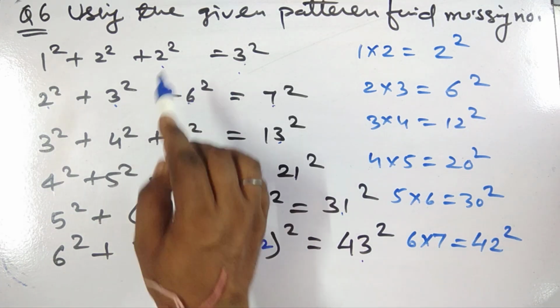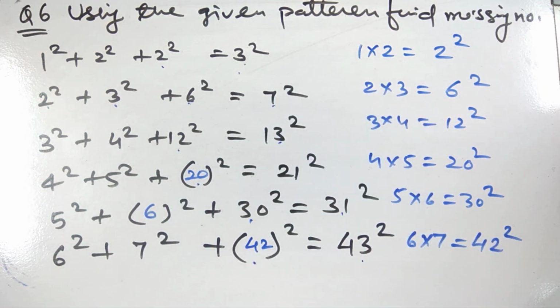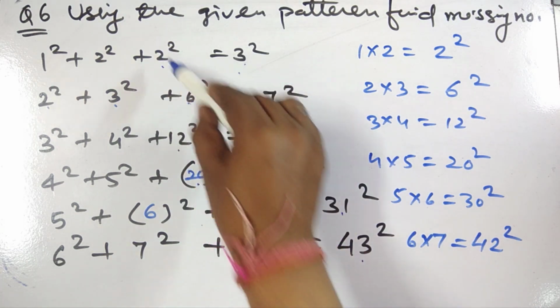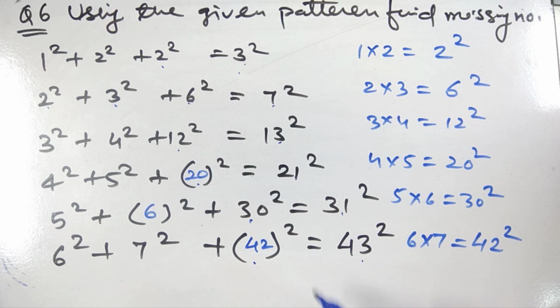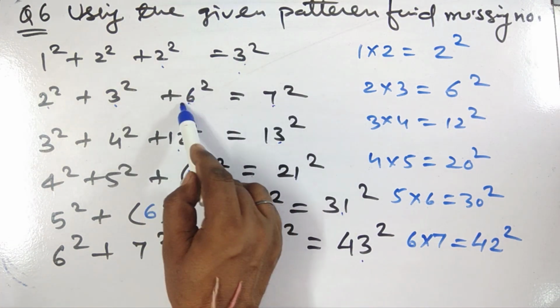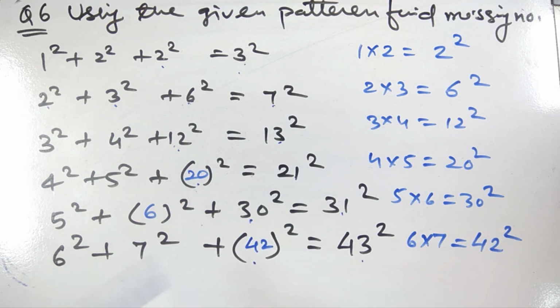So the difference between the third number and the right side number is 1, only 1, students. See: 2 square then 3 square, 6 square then 7 square, 12 square then 13 square, 20 square then 21 square, 30 square then 31 square, and 42 square then 43 square.